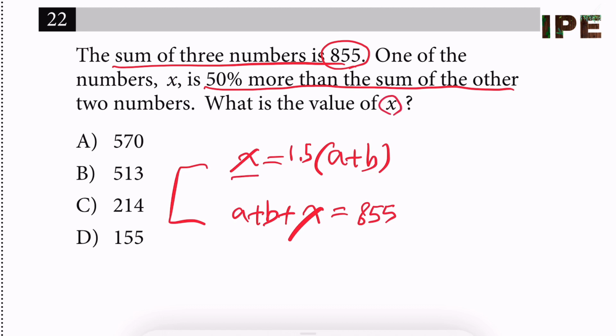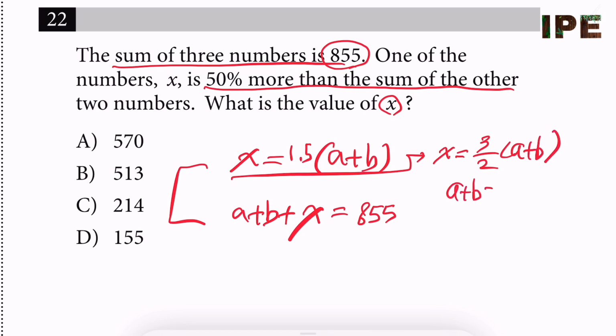I'll change this a little bit. Then x equals 1.5, which is 3 over 2, times a plus b. So what does a plus b equal? Multiply both sides by the reciprocal of 3 over 2, which is 2/3, and they will cancel out. So a plus b is equal to 2/3 x.